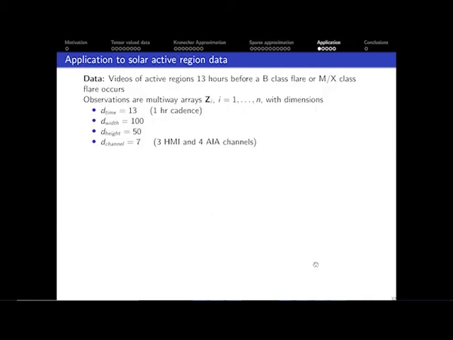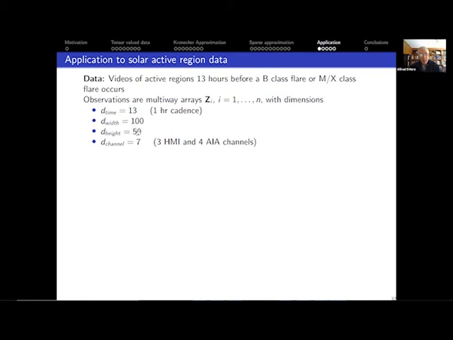So the application I'm just going to finish with very quickly is for a case where we have videos of these active regions, these sunspots, 13 hours before a B class or an MX class of flare occurs, respectively. We have a lot of data here, over 20,000 dimensions, where we have time dimensions with 1 hour cadence.